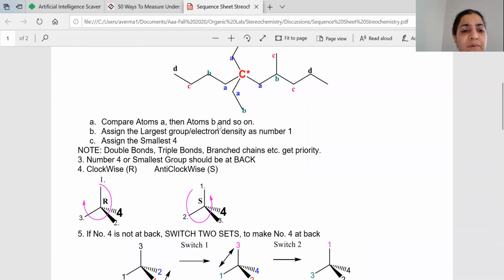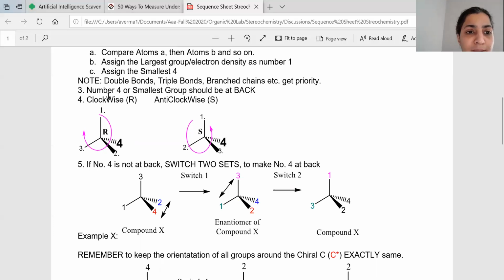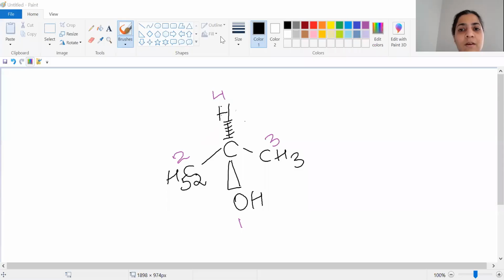I want you to remember this. The third step is that your number 4 or the smallest group should be at the back. Once you have confirmed that it is at the back, you will then look at if your molecule moves clockwise or if your molecule moves anti-clockwise. And we are going to see here.